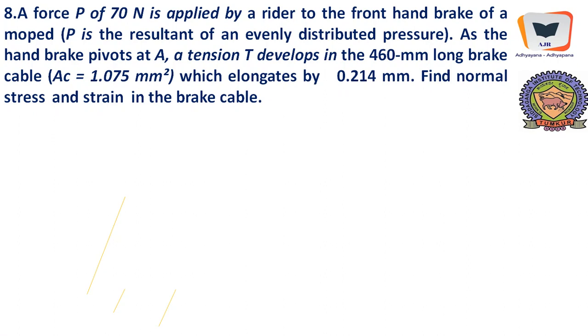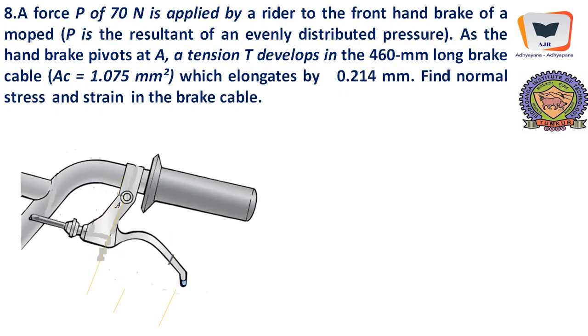A force P of 70 Newton is applied by a rider to the front hand brake of a moped. This is the front hand brake. P is the resultant of an evenly distributed pressure. This is an assumption, of course. As the hand brake pivots at A, this is the pivot provided which can rotate, a tension T develops over here, and this is the cable which runs down and which is responsible for application of the brakes.